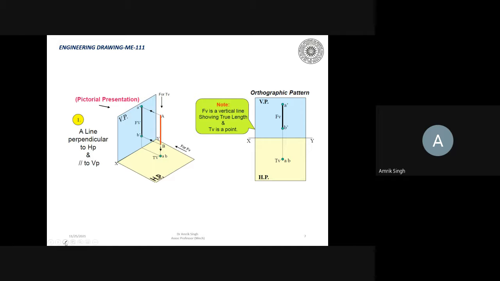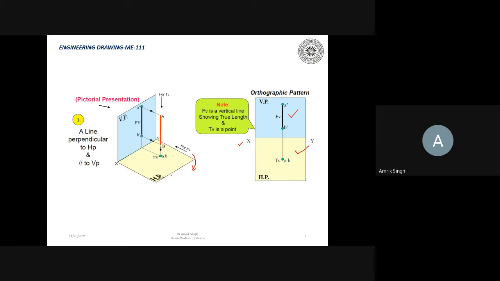When you open this plane in this direction downward, we can draw XY as the reference line. We will always draw it like this. The front view will be shown like this and the top view will be shown like this. It is the easiest case you can understand.